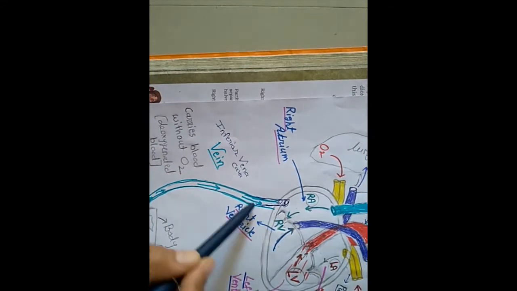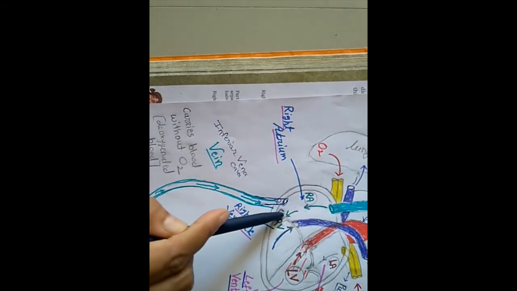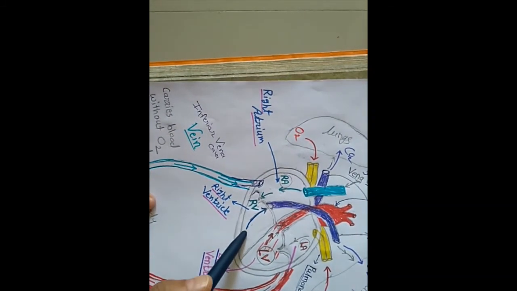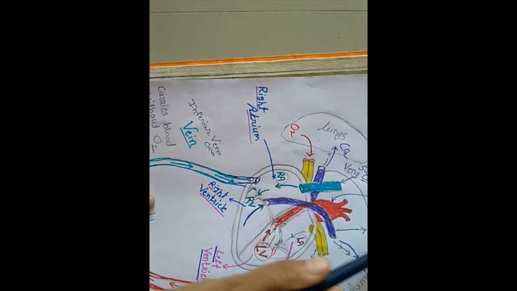This is the superior vena cava, this is the inferior vena cava, into the right atrium. From that right atrium, through the tricuspid wall, it will reach the right ventricle, and from the right ventricle the blood will pump out of the heart through the pulmonary artery.